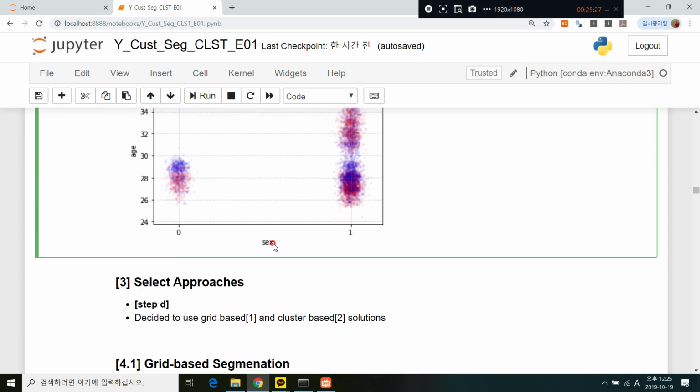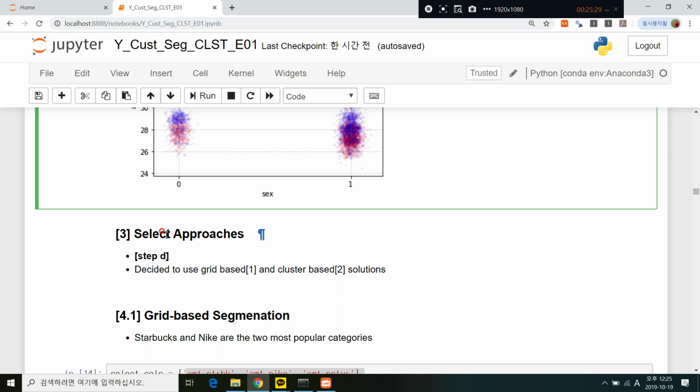Then it's time for us to make a decision about what to use as the segmentation approach. We can decide to only use a simple grid-based approach for just demographics or transactions by categories, or we can build a little bit more complex clustering-based method or other solutions.